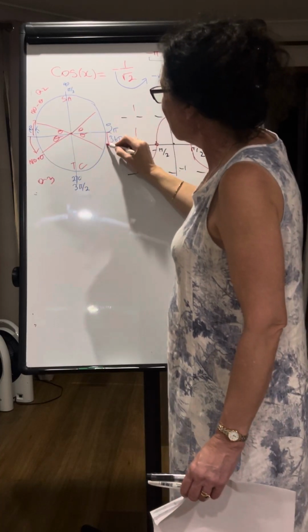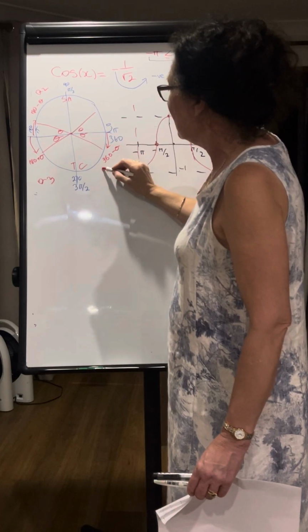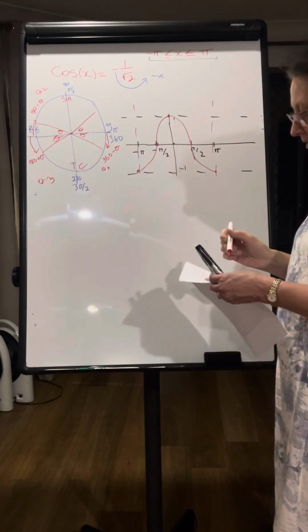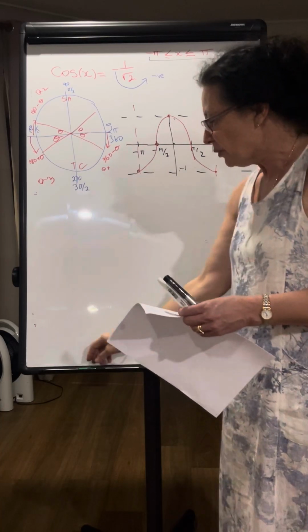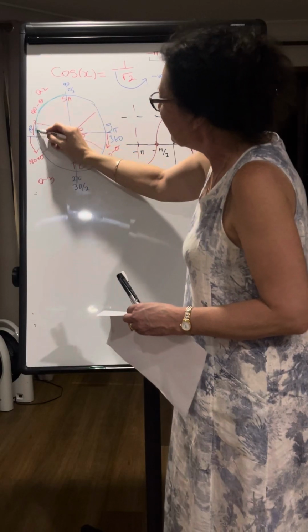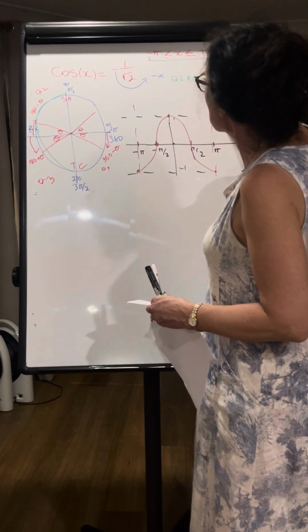And this one is going from there to there, which is quadrant 4, 360 minus theta. So when we see cos is negative, what does that tell us? It tells us that we're only going to be in quadrants 2 and quadrant 3.